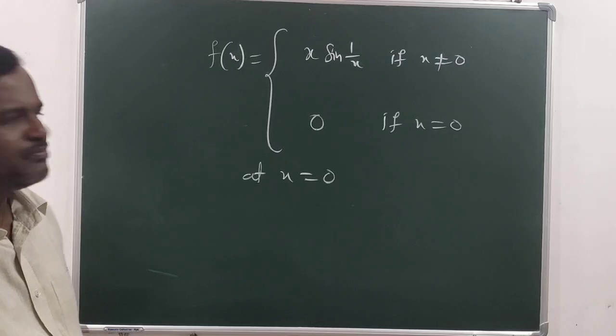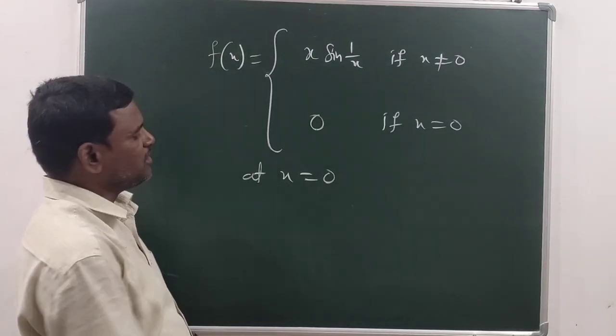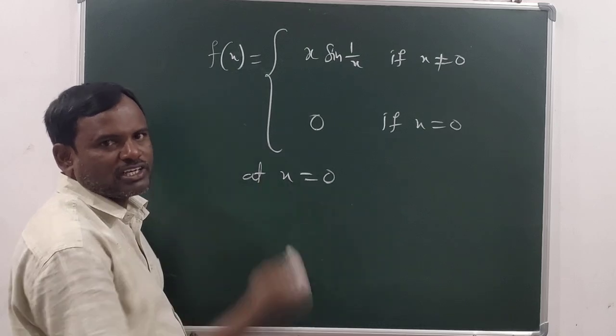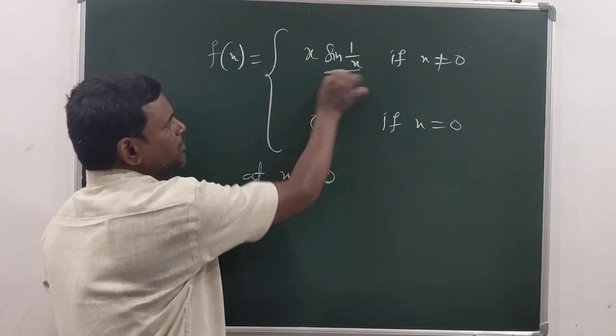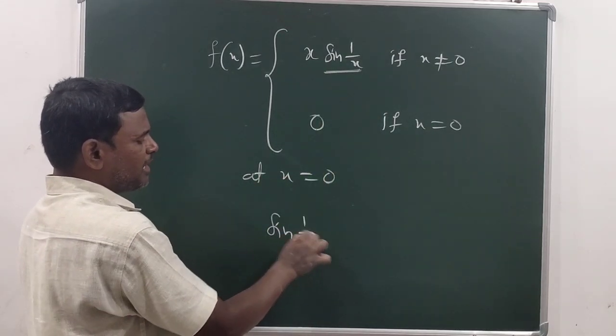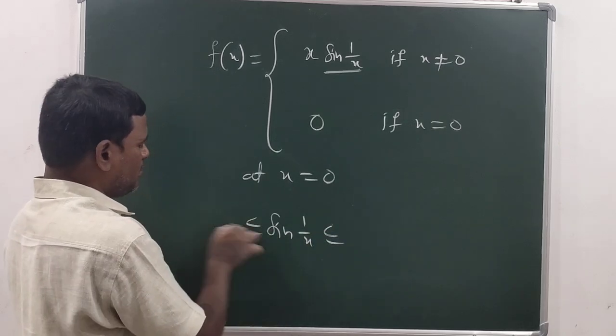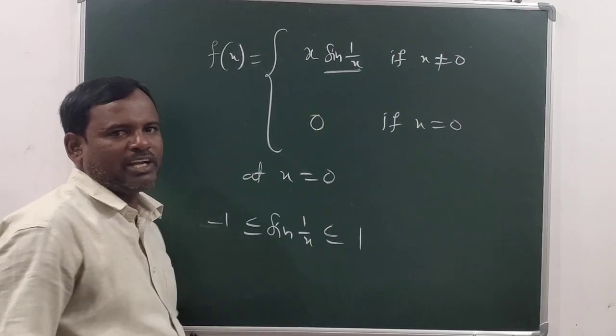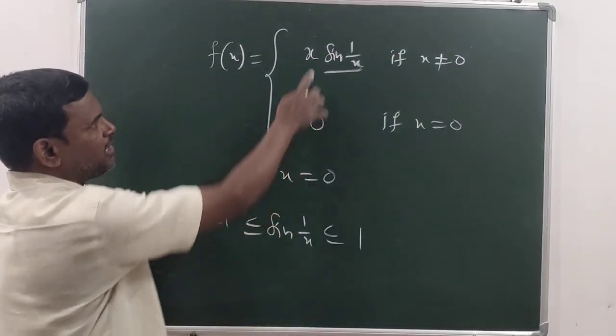Shall I discuss? See students, whether it is continuous or not at x equal to 0, how did you check in continuity? So sin 1 by x is a bounded function, whose boundaries are minus 1 to 1. Range of sin x is minus 1 to 1, no? Before that x is there.